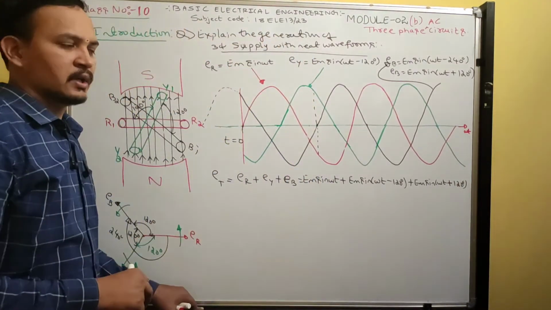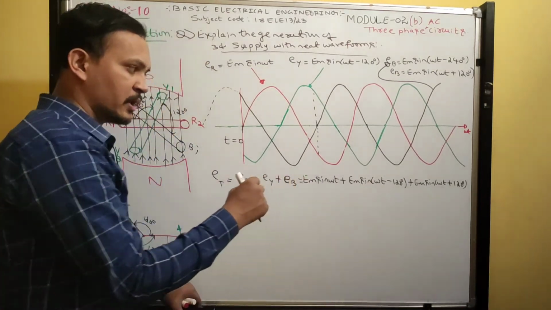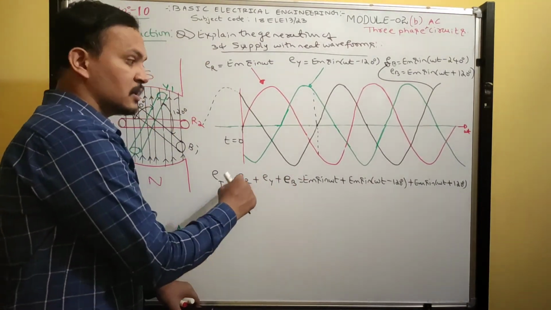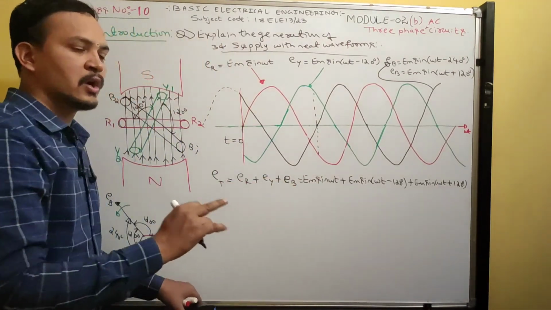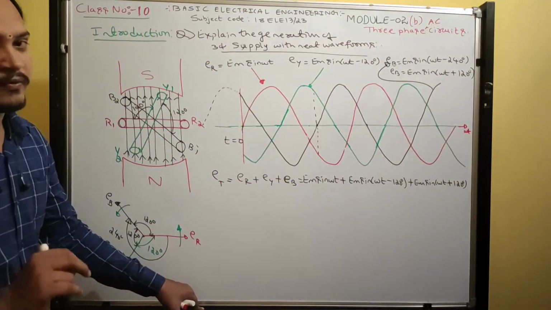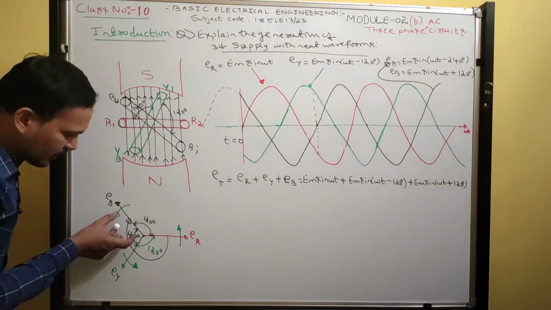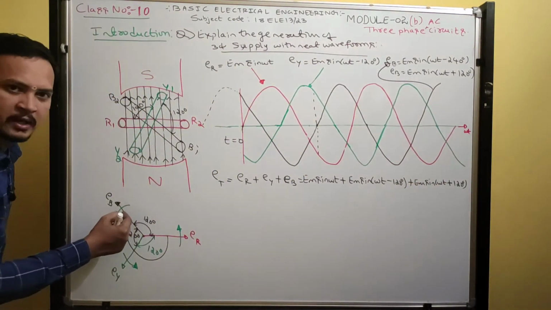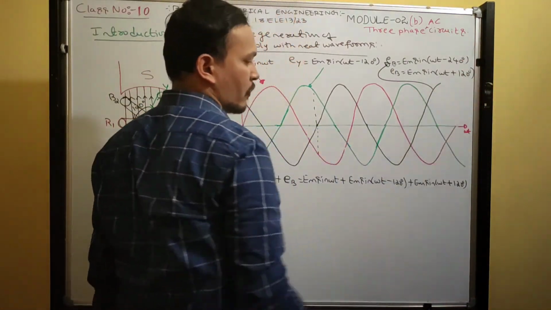Okay, minus 120 degree means EY lags ER by 120 degree, and EB phase lags the R phase by how many degrees? 240 degrees lagging, but I have written lead. Look at here, EB is leading the R phase by how many degrees? 120. So that's why we can represent it in both lag and lead form.